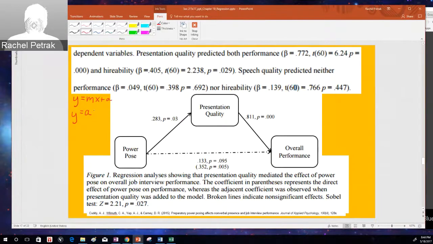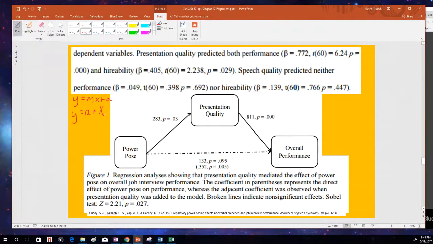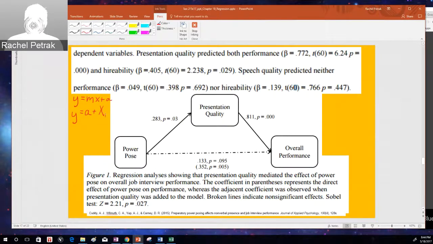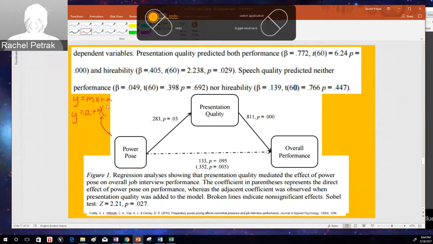So we've got our intercept in there. It's always in there, but we also need to consider our x variable. Our first one is going to be, I'll put it in parentheses, x1, the pose adopted, the x variable, and it's got a slope or a correlation.